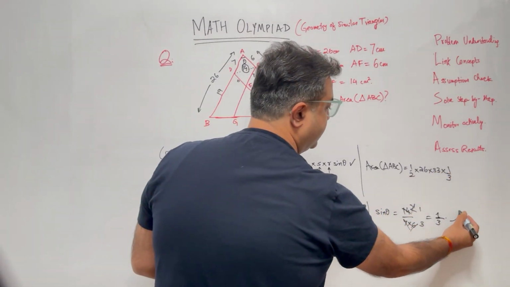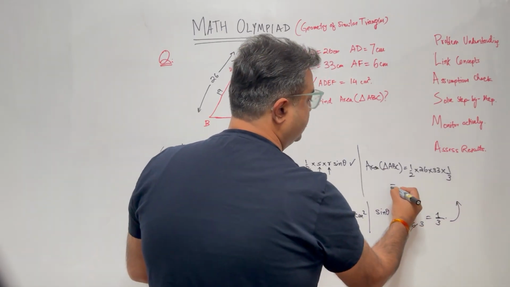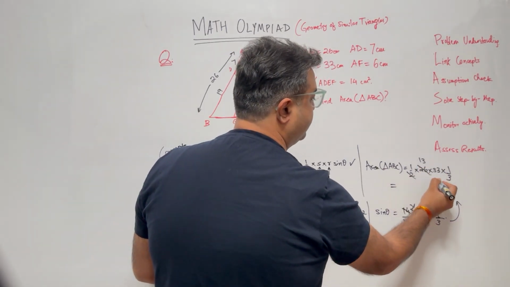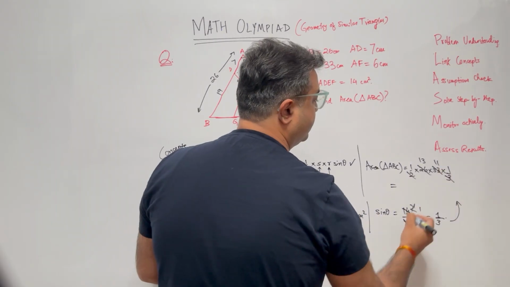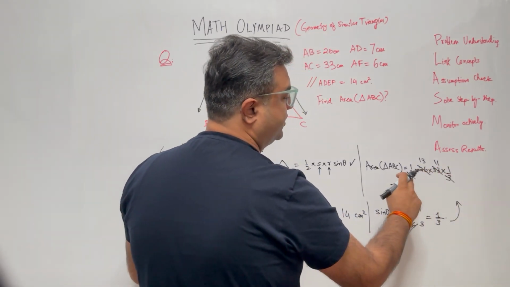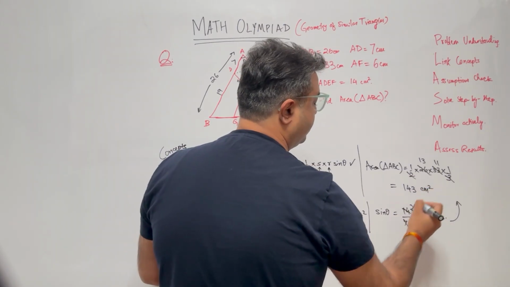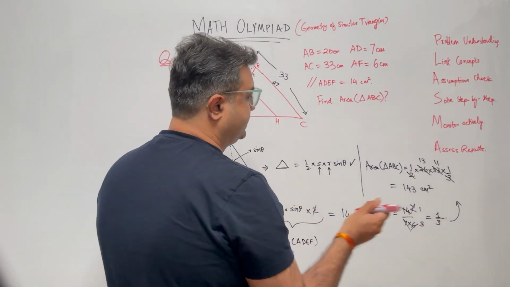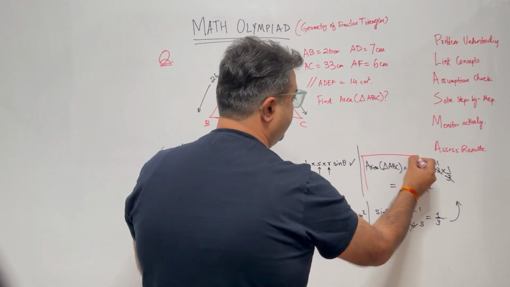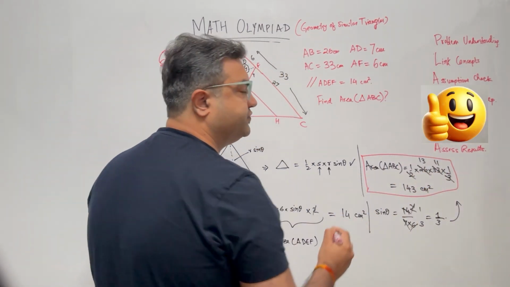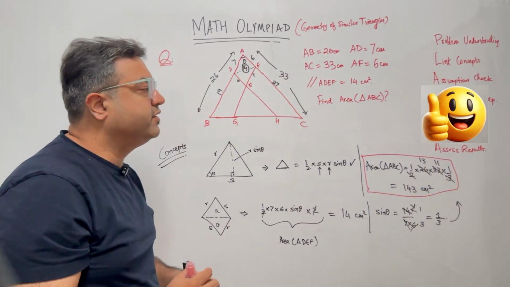We are putting this sine theta from here. So this will become 13 and this will become 11. So 13 into 11, 130, 143. So that is the area of the triangle as well as our answer.